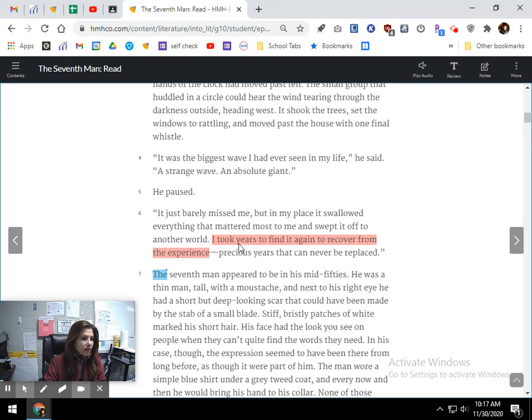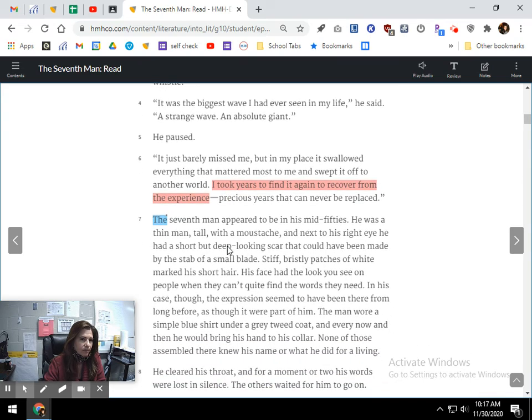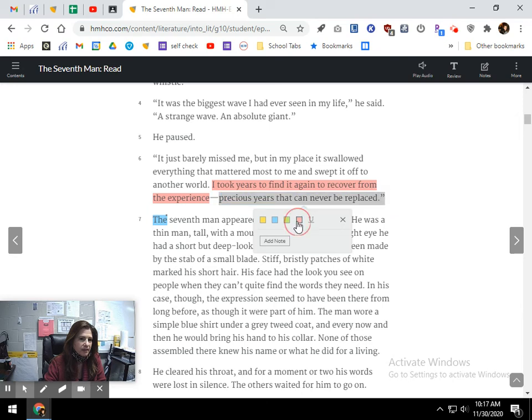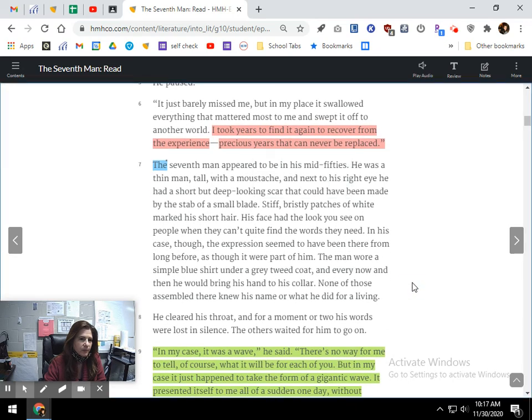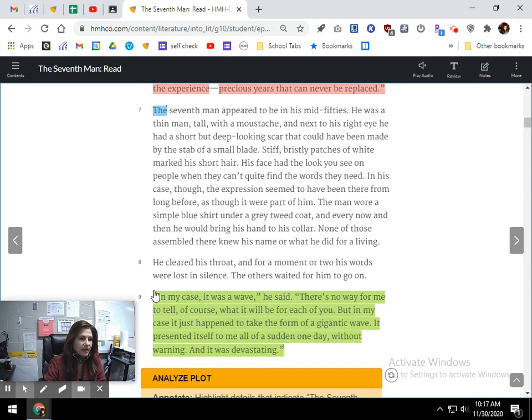That lets us know that a lot of this happened in the past. Precious years that can never be replaced. It's part of that as well. And then here he starts telling his story, which lets us know that it's a frame story. He's going back in the past.